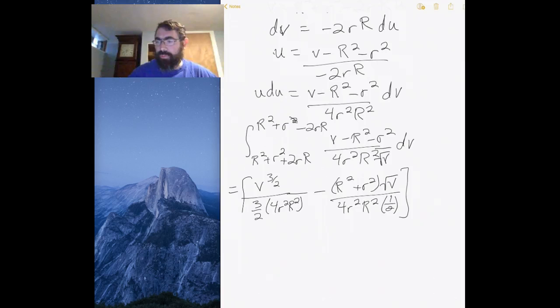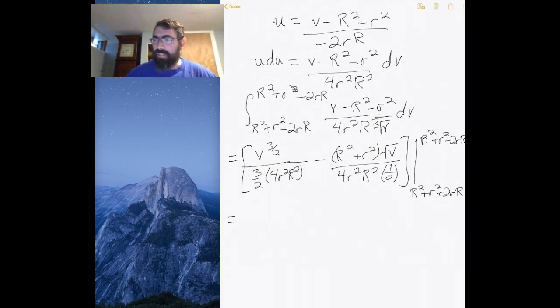And then both of those terms are evaluated from these limits right here. Okay, so let's plug all that in, and what do we get?